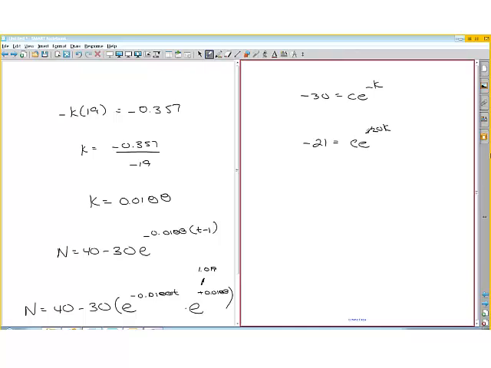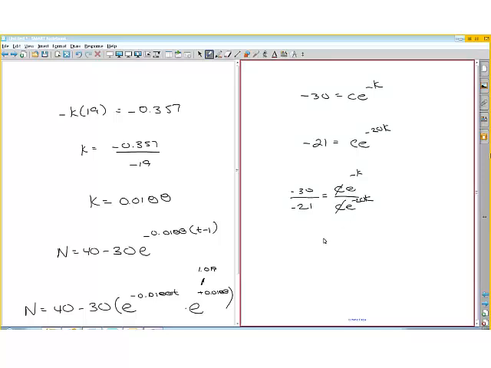And then you divide them out. So you take negative 30 divided by negative 21 is equal to C e to the minus K divided by C e to the minus 20K.